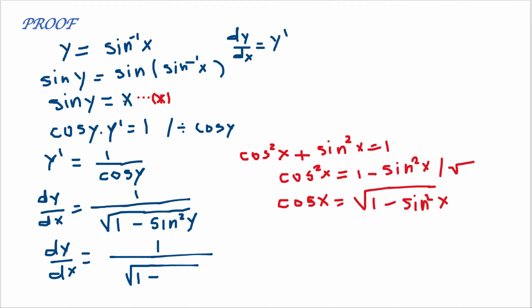Sine y is equal to x, so sine square y is equal to x squared. So this one I can write as x squared. And now this is the desired result. So we already proved it. The derivative of the inverse function of sine is going to be equal to 1 over the square root of 1 minus x squared.